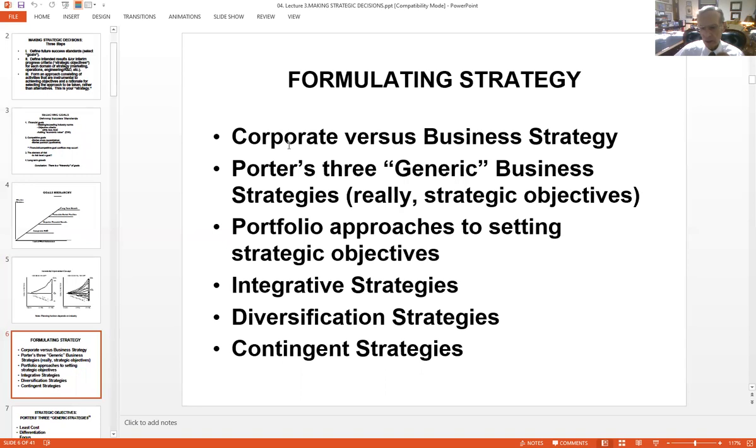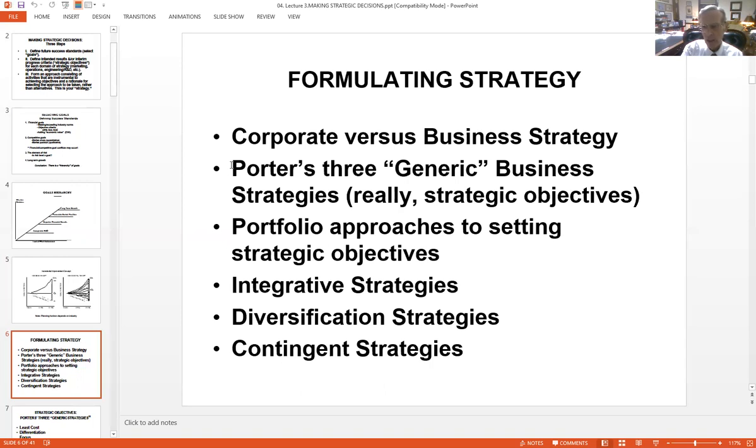Another discipline that we always consider in strategic planning is what is referred to as Porter's generic strategies of low cost, differentiation, and focus.